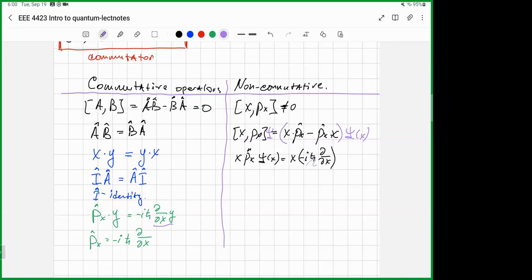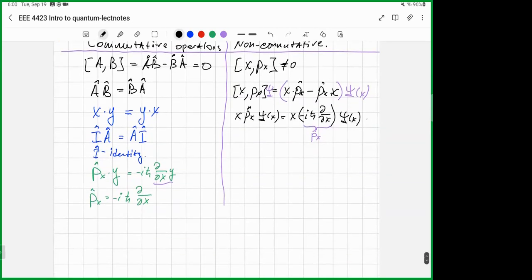This is the operator px, acting on the function psi of x. So it's equal to minus i h bar x d psi over dx. And this is the first term.